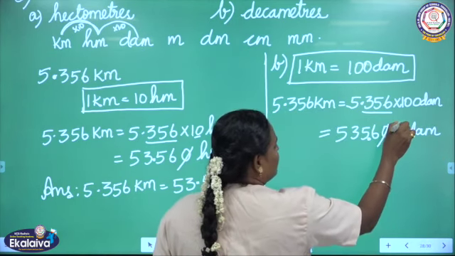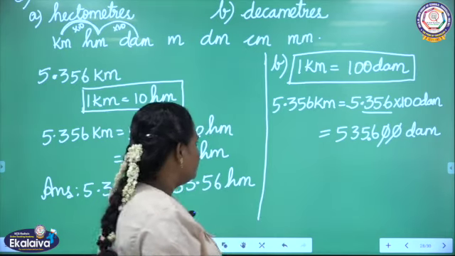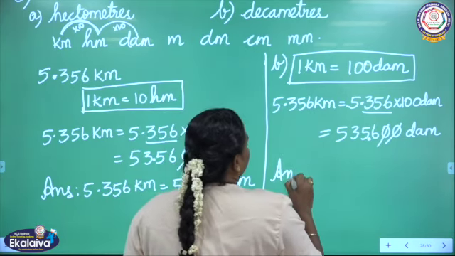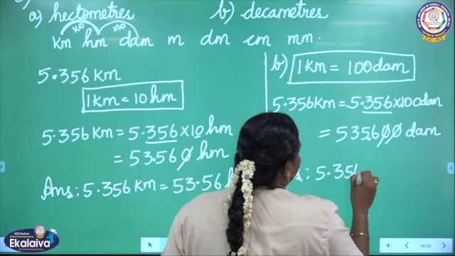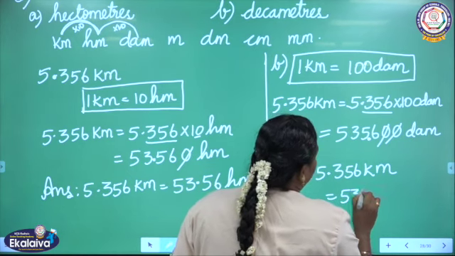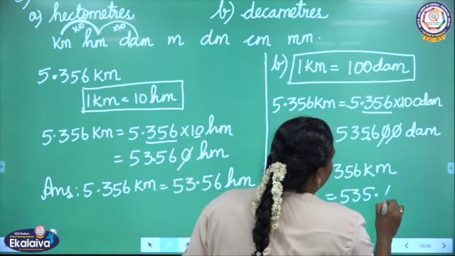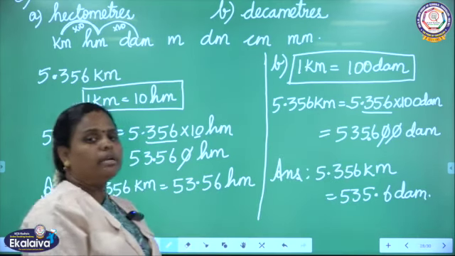After the decimal, if only zeros are there, we can take away the zeros. Now you can tell me the answer. 5.356 kilometer equal to 535.6 decameter.